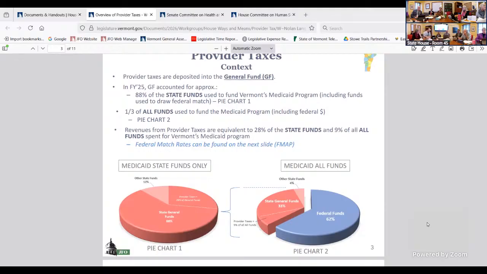Of all the general fund dollars that we raise, provider taxes account for 28% of the total state dollars that we use to pay for Medicaid. 58% are general fund or other general funds. And then we have other state funds, so that's special funds and some other pieces. If you look at the whole bucket and you throw in the federal piece, you can see provider taxes still account for 9% of the money you use to pay for our Medicaid. So that's why it's important.